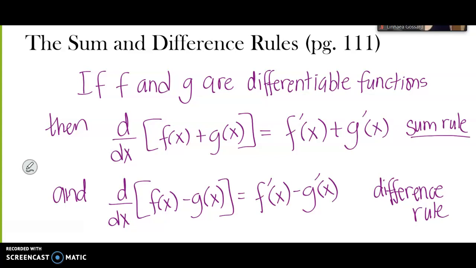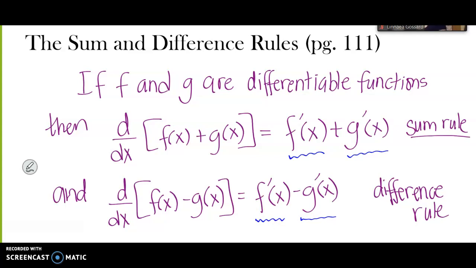Essentially what the sum and difference rules say on page 111 is that if you have two differentiable functions and you want to take the derivative of two functions that are added together, you just simply take the derivative of the first one and add it to the derivative of the second one. And that works as well for subtraction. You just take the derivative of the first function and subtract the derivative of the second one.